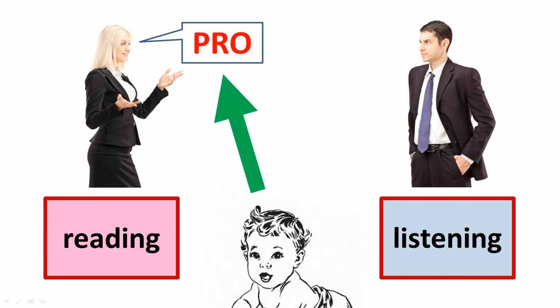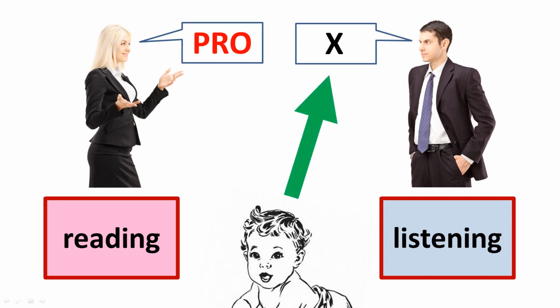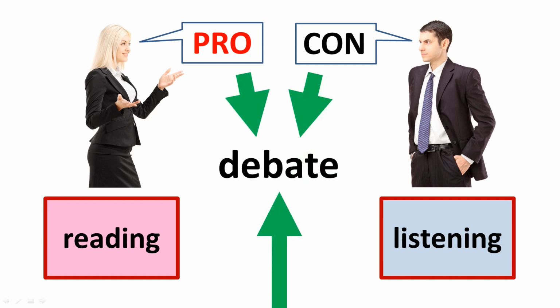This is the pro position. In contrast, the listening argues the opposite. Television is bad for children. This is the con side. As you can see, this is a pro-con debate between the reading and the listening.